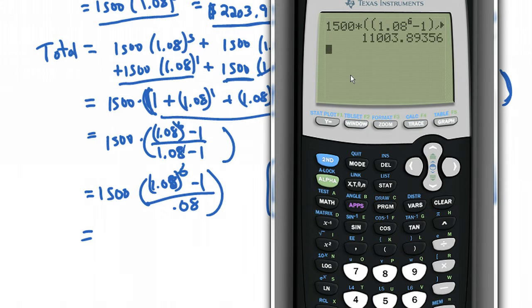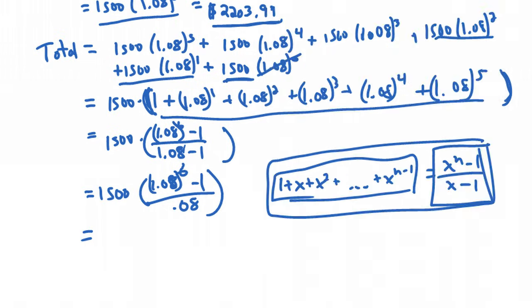And what do we get? A little over $11,000. Notice if we didn't get any interest, we'd have $9,000. So we have $11,003.89. So let's write that in here: $11,003 and 89 cents. So that's the future value of this annuity.